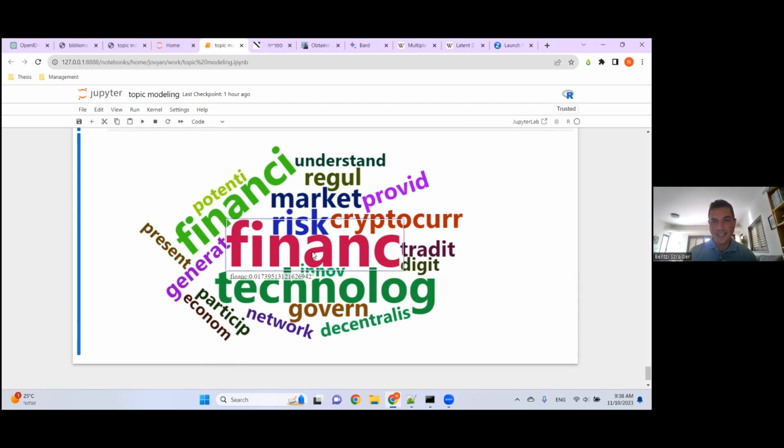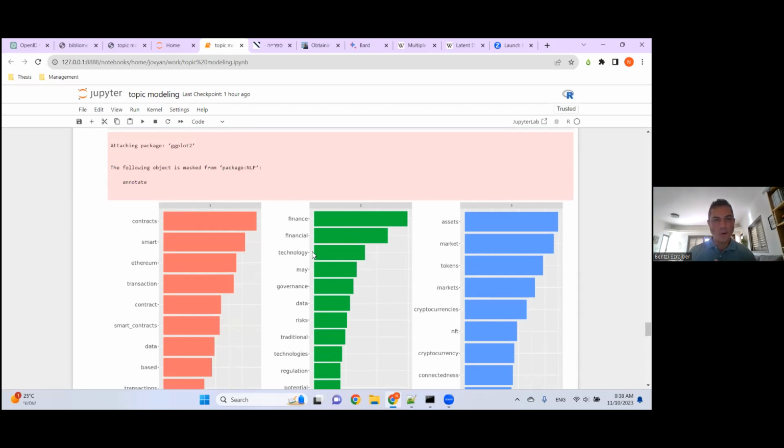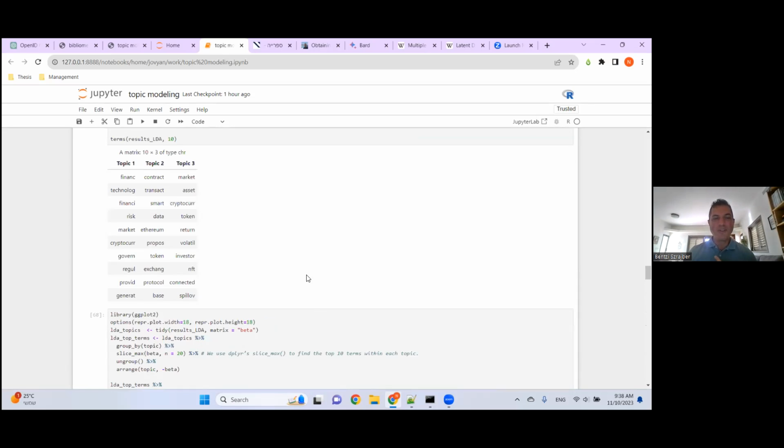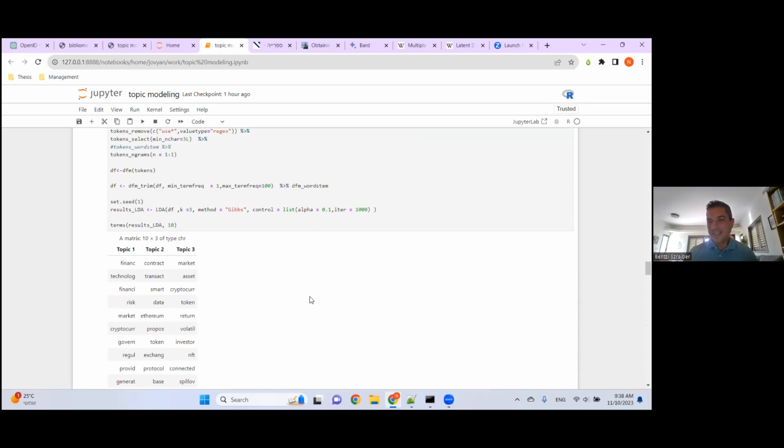If you go to the internet and see the examples they use for topic modeling, they use the U.S. Congress speeches of politicians, analyzing them based on the party they belong to.